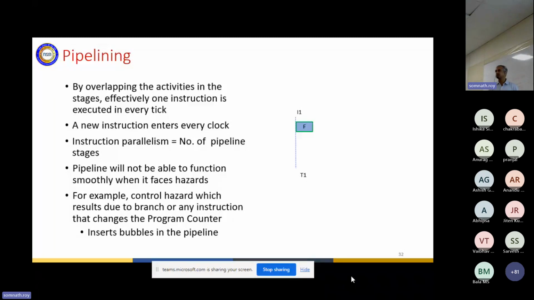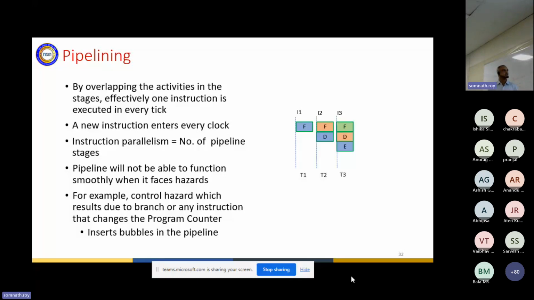Same thing. Instruction 1 in the first cycle is fetched. What is going to happen in T2? After fetch, it is decoded. But in the same cycle, the fetch unit is not being used, so it can be used for fetching the next instruction.